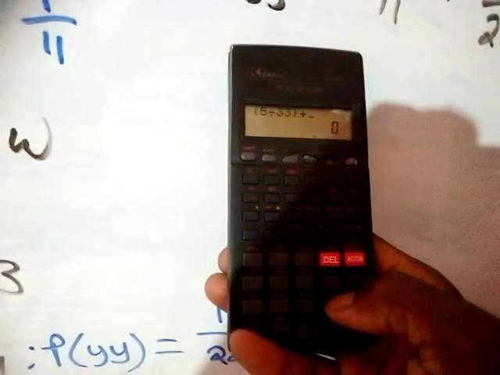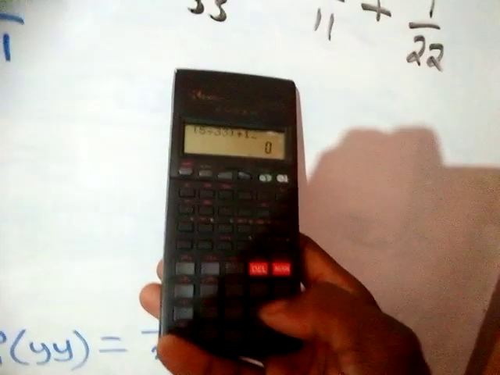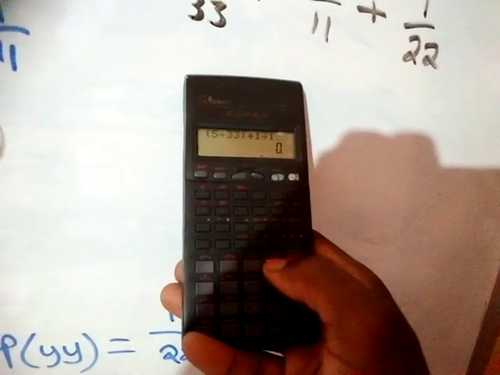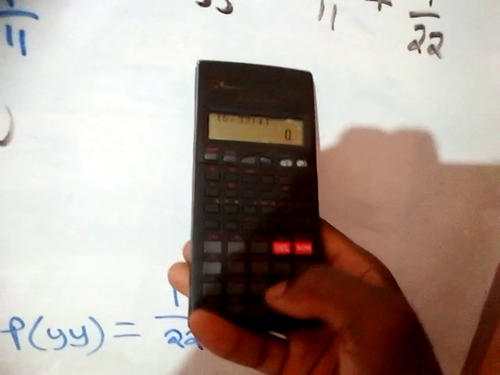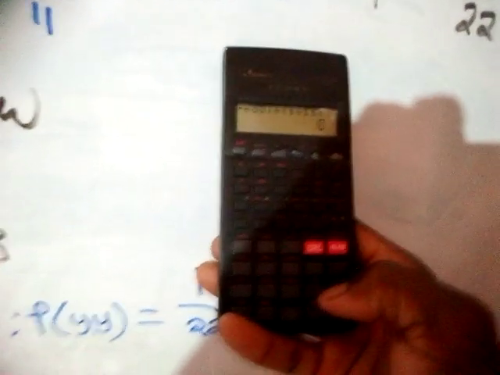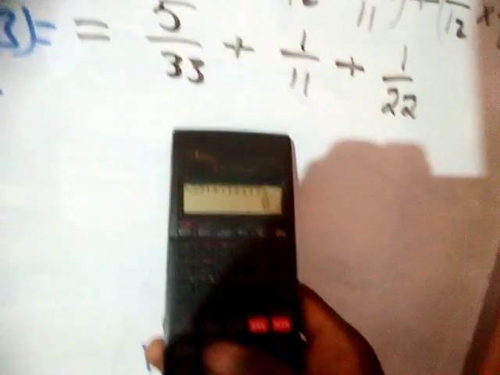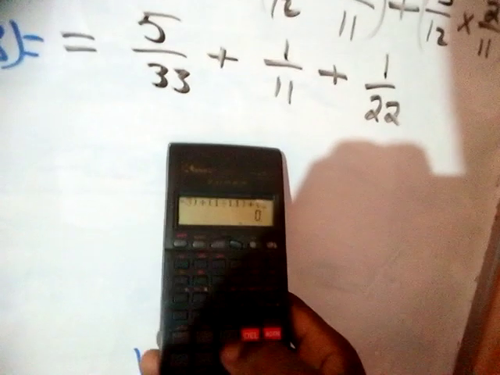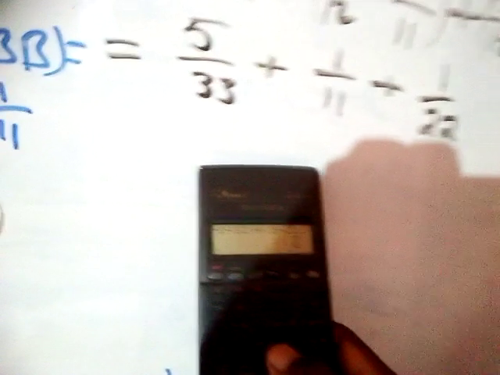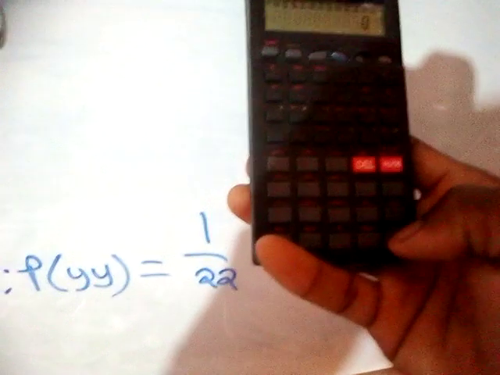Then you say plus 1 divided by 11, opening and closing the parentheses again. For the last one, you say plus 1 divided by 22, opening and closing the parentheses. Once you close, then you press the equal sign.